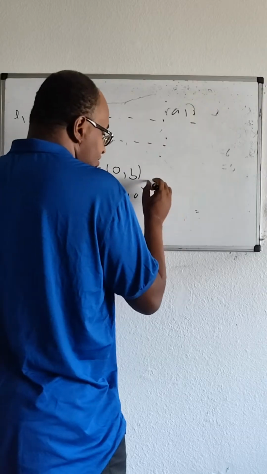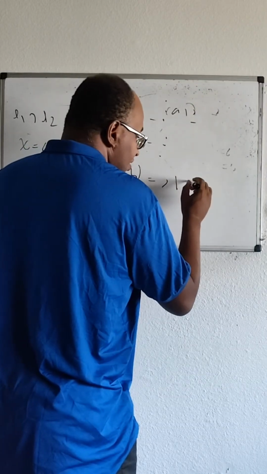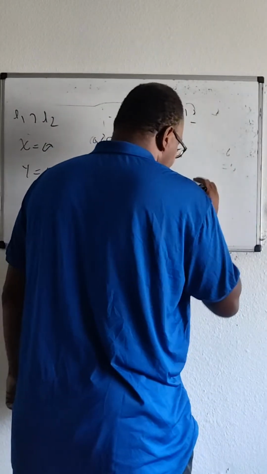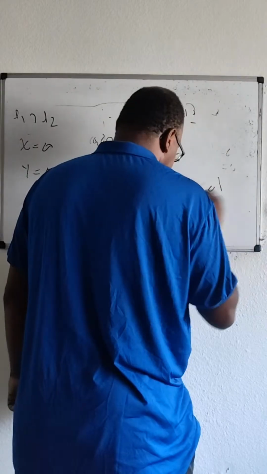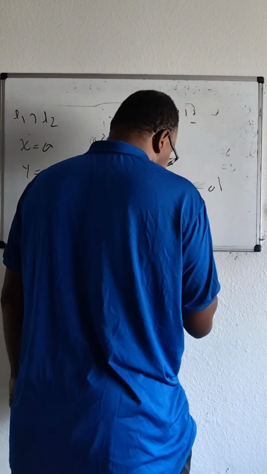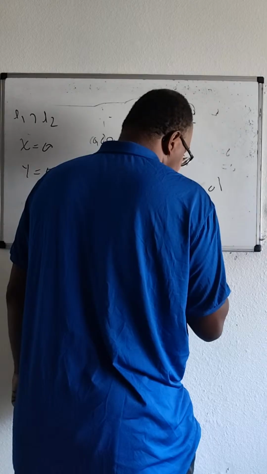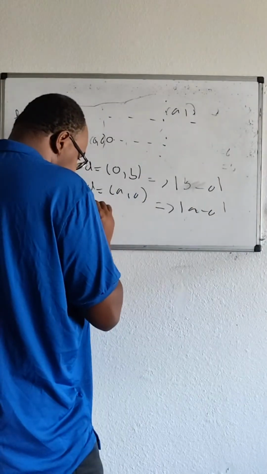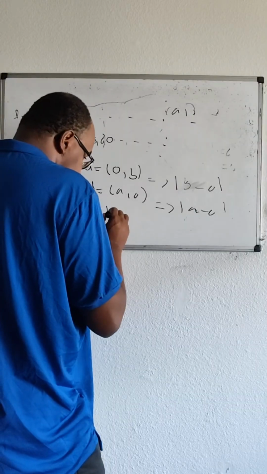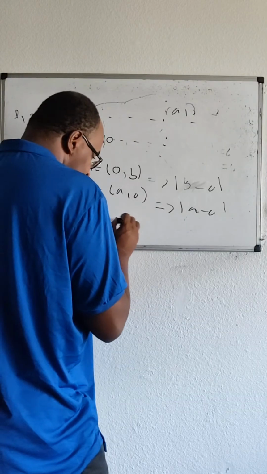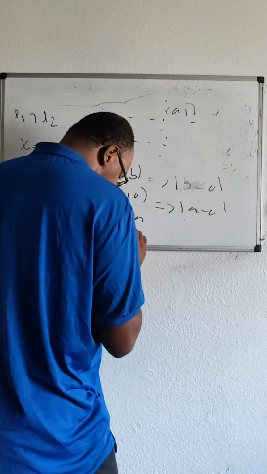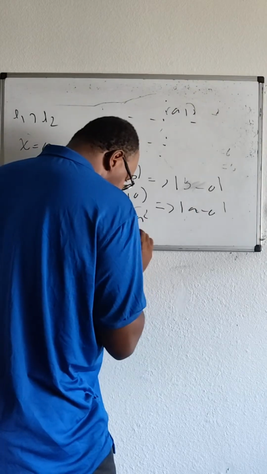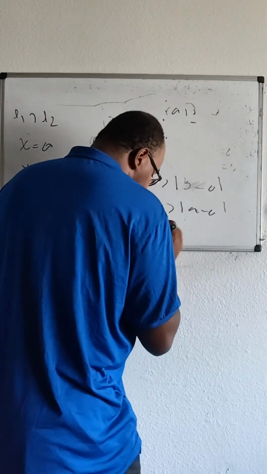Their distances, which implies B minus 0, A minus 0, which equals the square root of A squared plus B squared, only for positive distance, right?